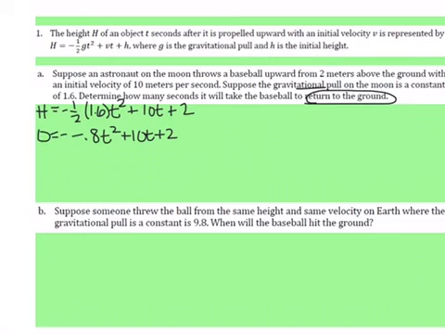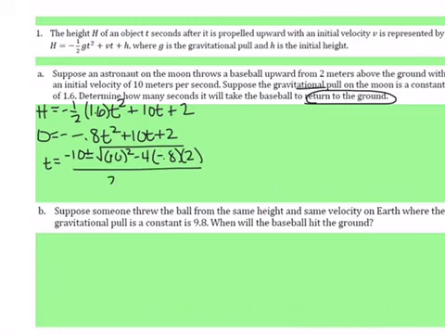That also tells me that I'm going to have to use the quadratic formula to solve this. So I'm going to use t equals opposite of b plus or minus the square root of b squared minus 4 times a times c, all divided by 2 times a.